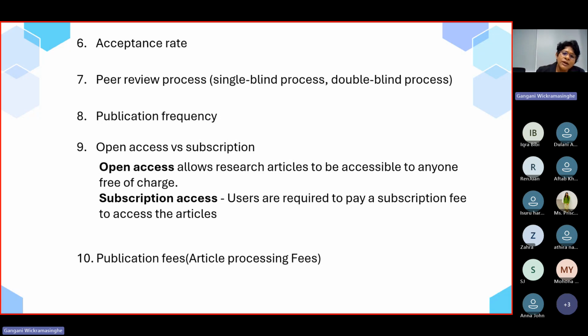So depending on how much you are ready to pay, carefully go through the website of that journal and find out the article processing fee and see whether it is something that you are ready to pay or not.